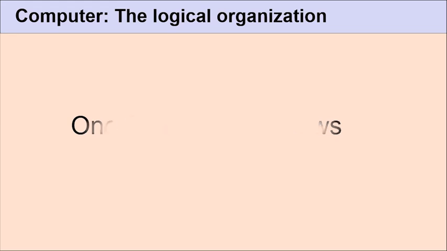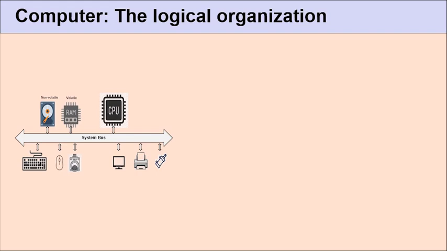In one view, we look at how its hardware is organized. We look at things that a typical hardware engineer might want to know about when he wants to build a computer. That view is called the hardware model of a computer in terms of its logical organization.